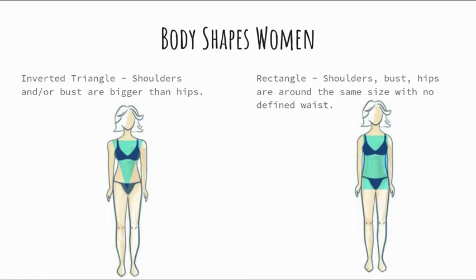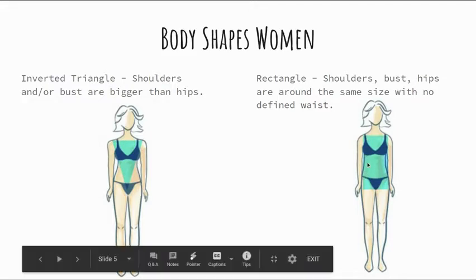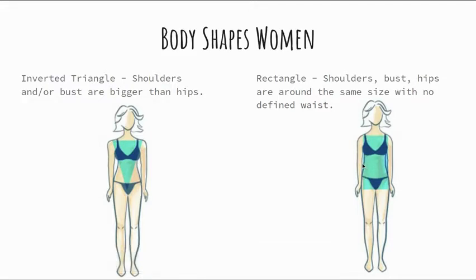So for the different types of body shapes, we're going to look at the ones for women first. You've got the inverted triangle, which is basically when your shoulders and potentially your bust are bigger than your hips. Your rectangle is when your shoulders, bust, and hips are around the same size with no defined waist. If you look through these two body shapes, it just goes straight down, and there's not a lot of gap in between.